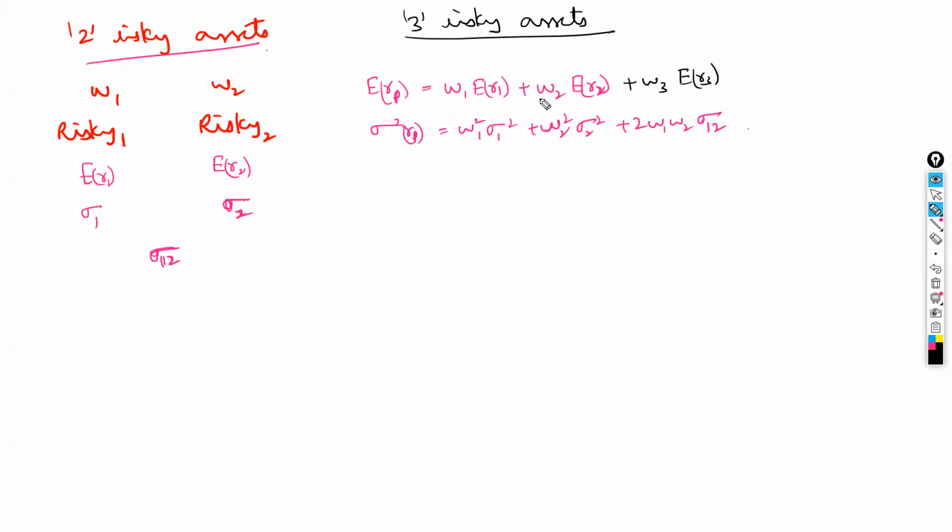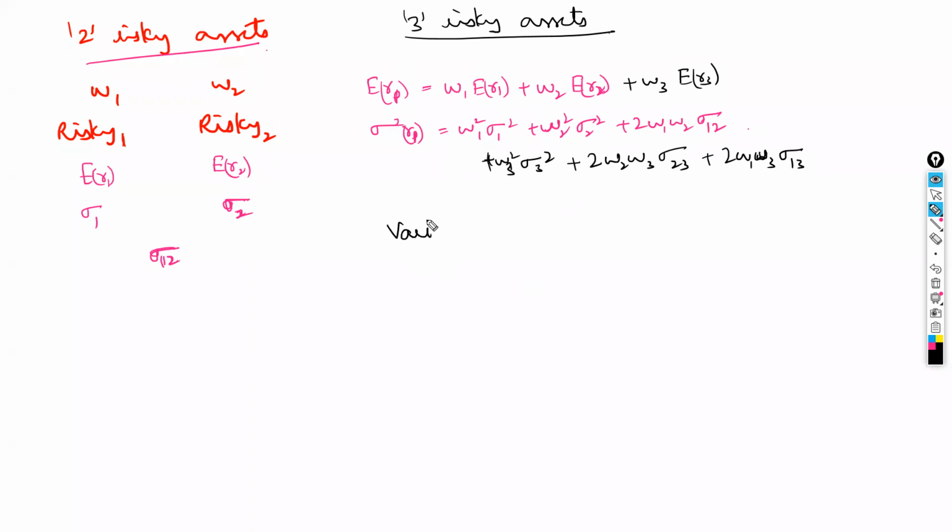Plus W3 square sigma 3 square. I'm just continuing this way, plus 2 W2 W3 sigma 2,3 plus 2 W1 W3 sigma 1,3. This is what you do.